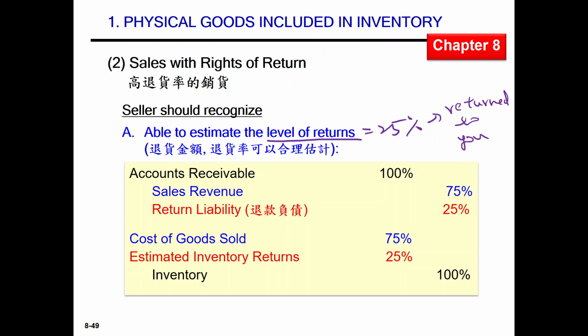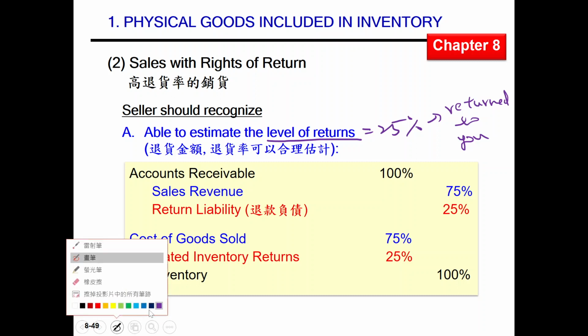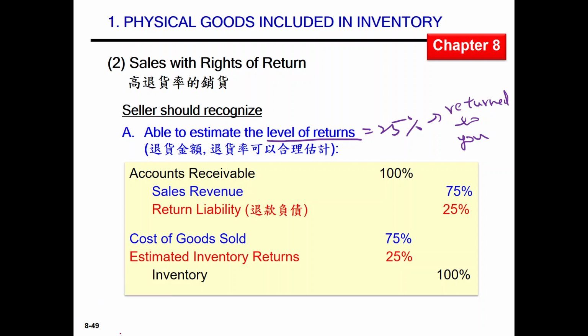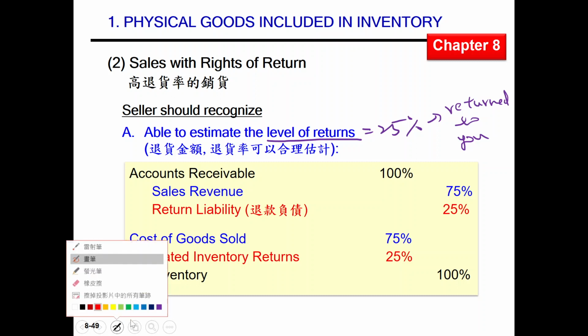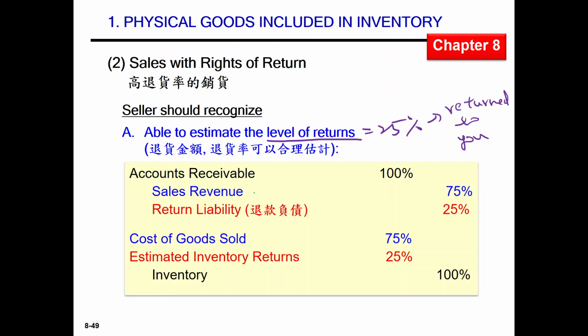So what journal entries do we use? First is perpetual, right? The first journal entry is for revenue, the second journal entry is for cost of goods sold. Look at our revenues. Since we know 75 is our true sales, I know this is the revenue I'm going to earn from customers.